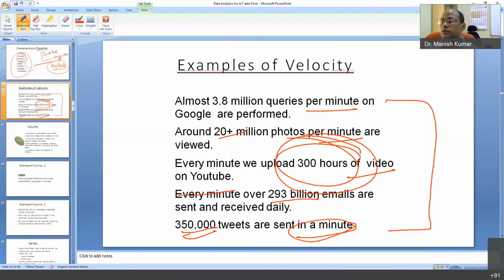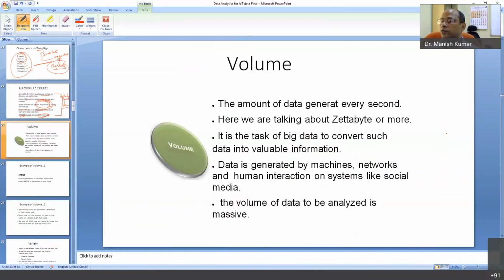See this volume and velocity growth. Already I told you that we are talking about gigabytes and more. So the moment velocity increases, the volume automatically will increase.